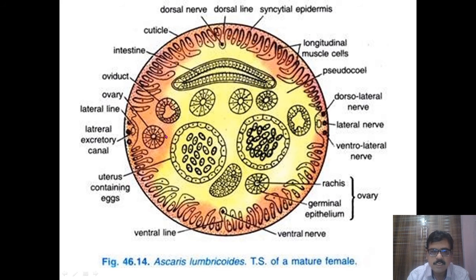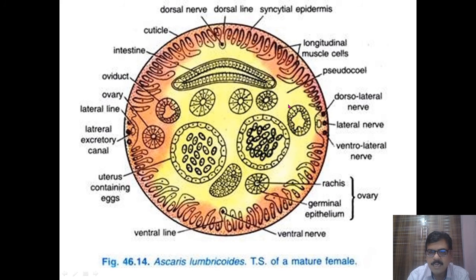Now the structures which differentiate the male Ascaris from the female Ascaris in transverse section are the pair of uterus containing eggs. Along with that, it has the ovary, and this ovary has the rachis and the germinal epithelium.